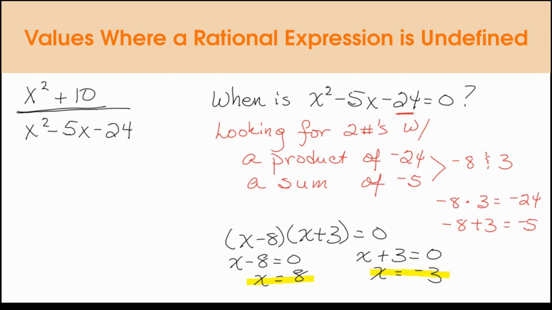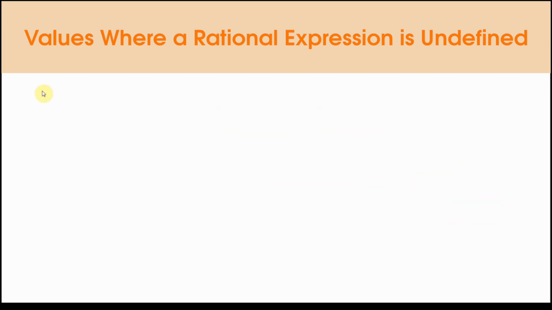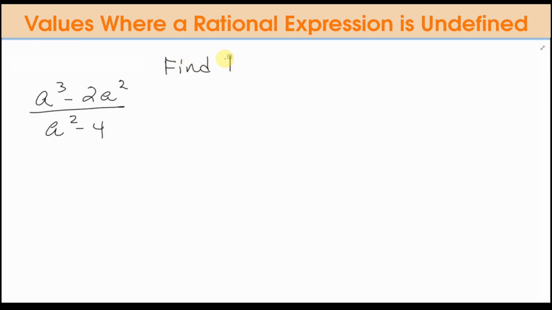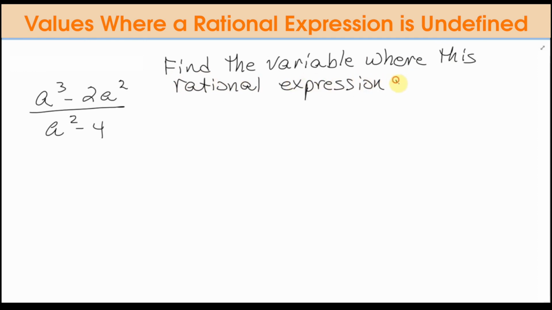We have one more example to do. We have a cubed minus 2a squared over a squared minus 4, and we want to find a such that this rational expression is undefined. So find the variable where this rational expression is not defined. Once again, we are not concerned with the numerator, only the denominator.